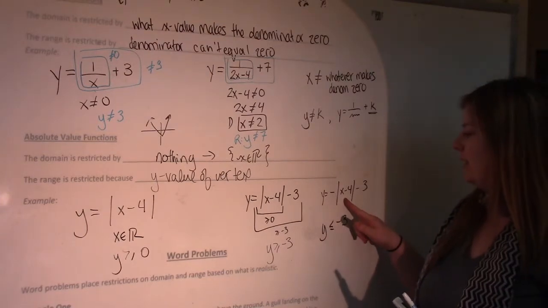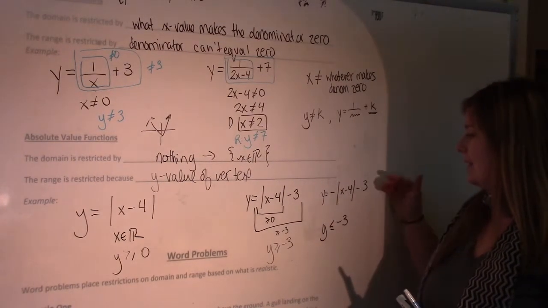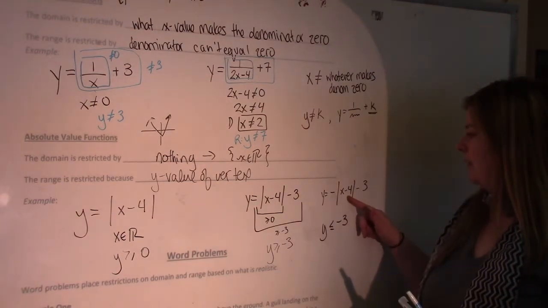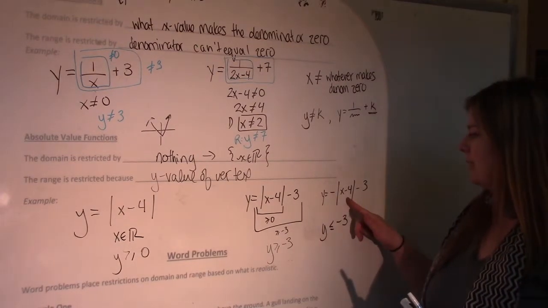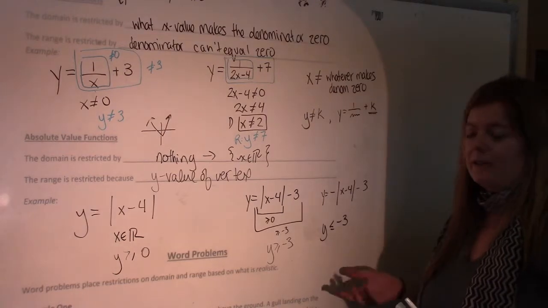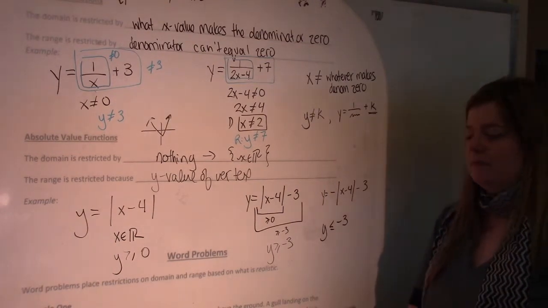Because what comes out of here is non-negative, but then it becomes negative, and then gets lowered down 3 more. So if 0 comes out of here, then your y value is now negative 3. If 1 comes out of here, it's now negative 1, and then down another 3, 4 to 4. So the highest it can ever be is minus 3. So now this is your range.